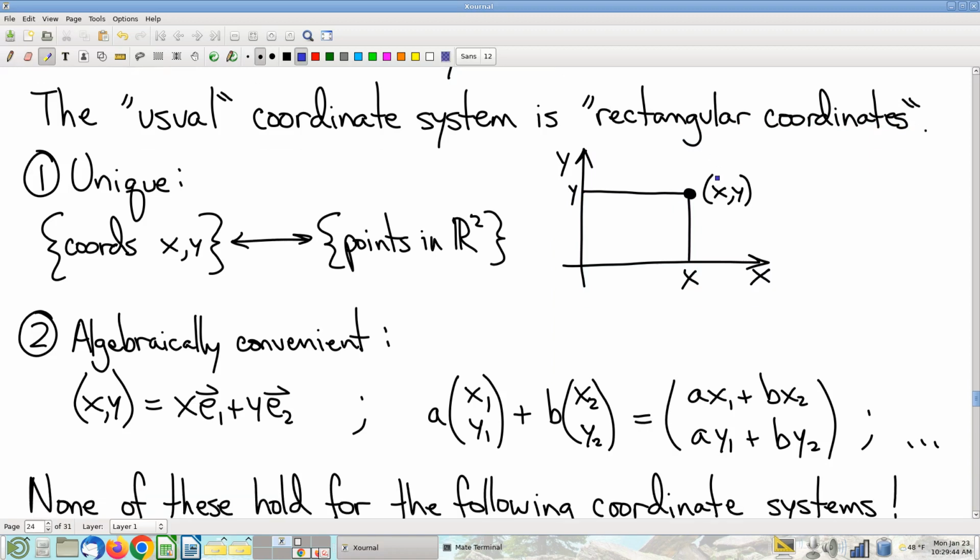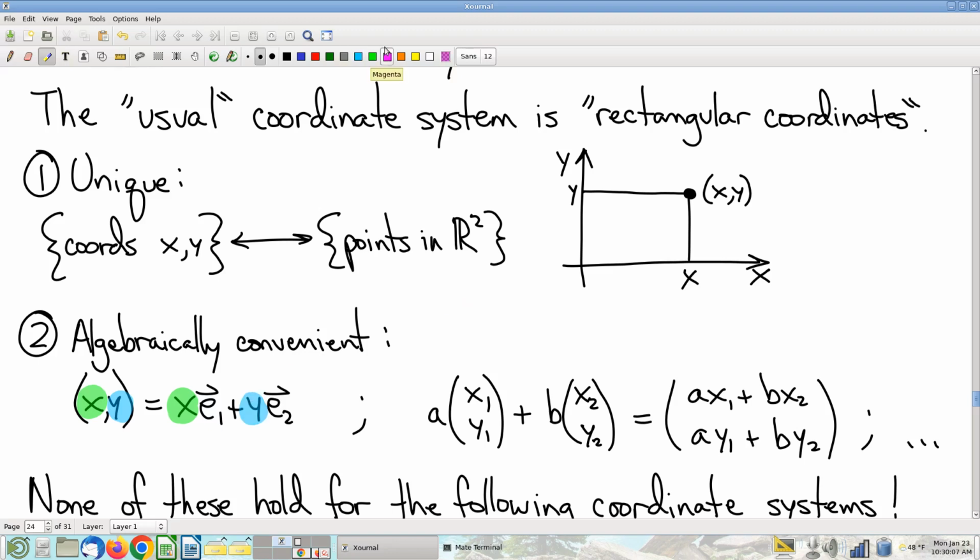Another cool fact is what I'm going to call algebraically convenient. One really convenient algebraic fact about rectangular coordinates is that the coordinates are the coefficients in a linear combination of the standard basis vectors that gives rise to that vector. Right?